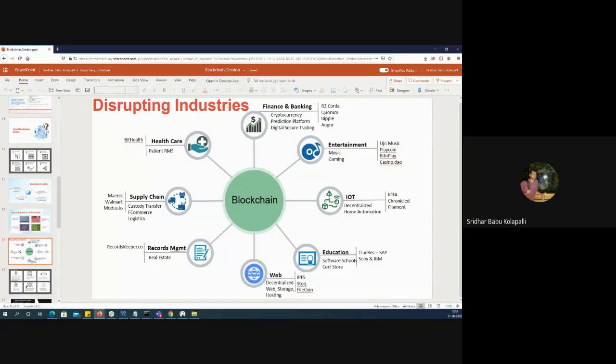I'll give you some examples of what people are working on other than just keeping records. Records can be your agreements, or whatever it is when you're buying your land or apartment. That is a very simple use case. But look at how people are thinking, especially leveraging blockchain as a technology.